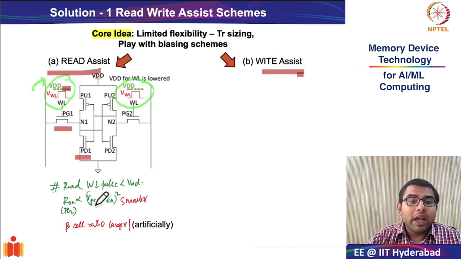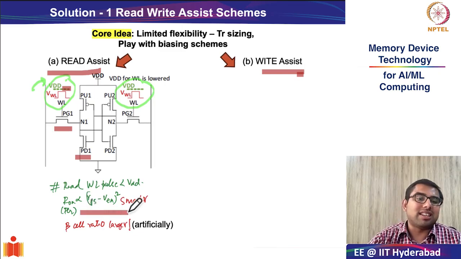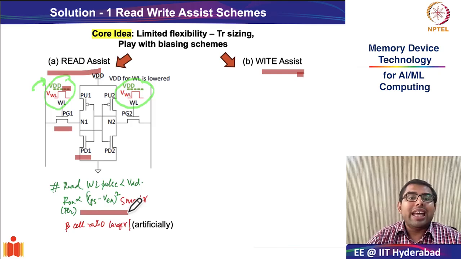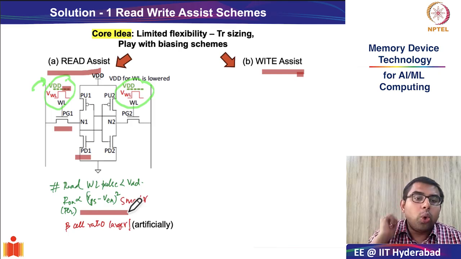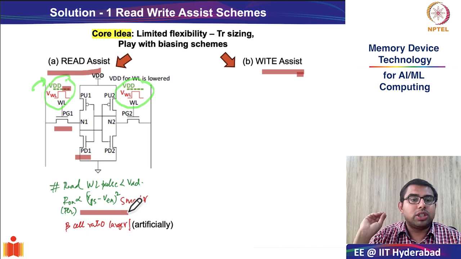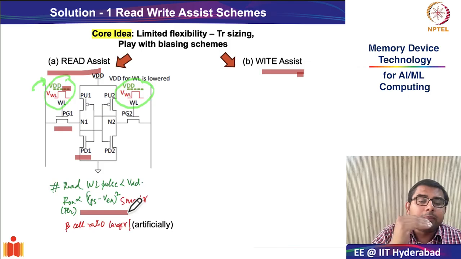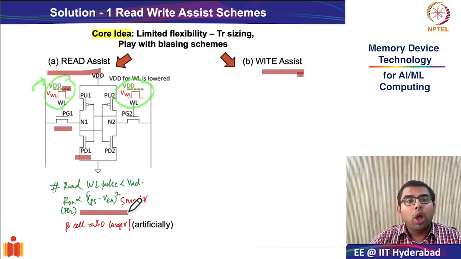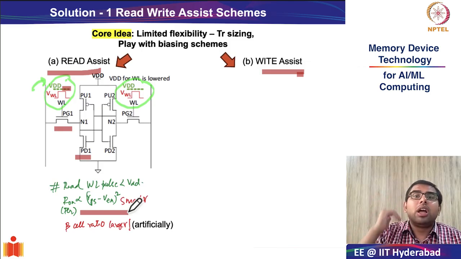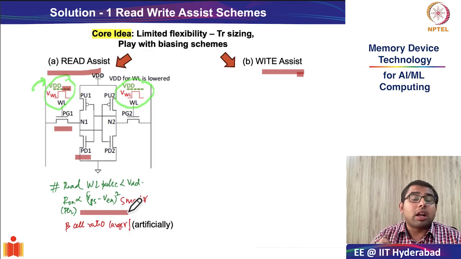How does that help? It helps because remember the on-state resistance, or the current during on state, is proportional to VGS minus VTH. So if you reduce VGS minus VTH by reducing VGS, you will be able to reduce the drive current.